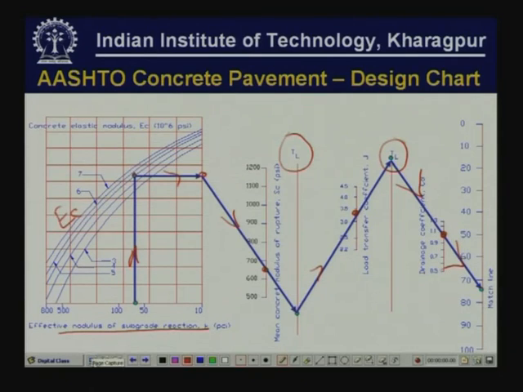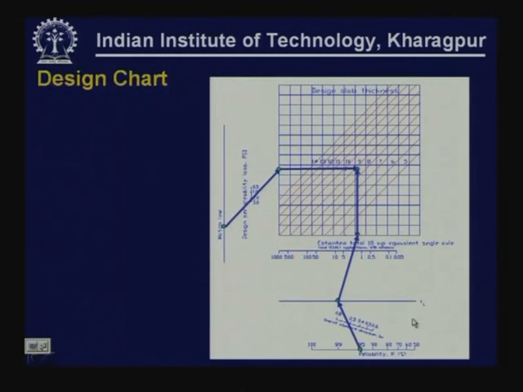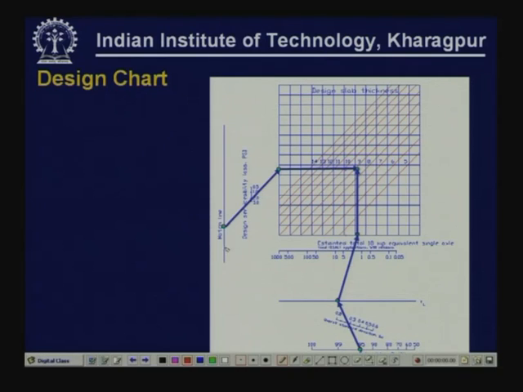This is a match line because there is another nomograph which will be matching with this. So starting from this match line, we select a reliability value, rather loss of serviceability value delta PSI, connect these 2 points, let it meet this chart here.